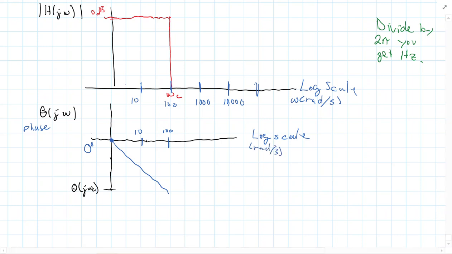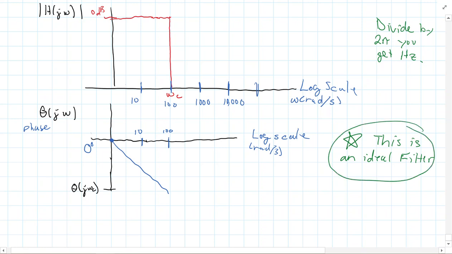Now I want to emphasize something. This is an ideal filter. Because what we can see here is 0 dB corresponds to a gain of 1. So that means V out is equal to V in.